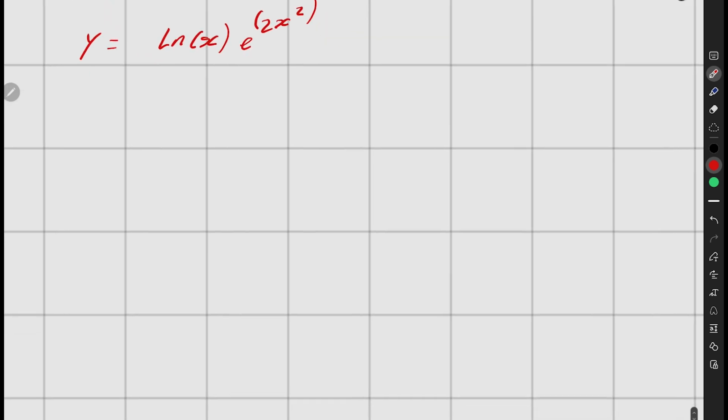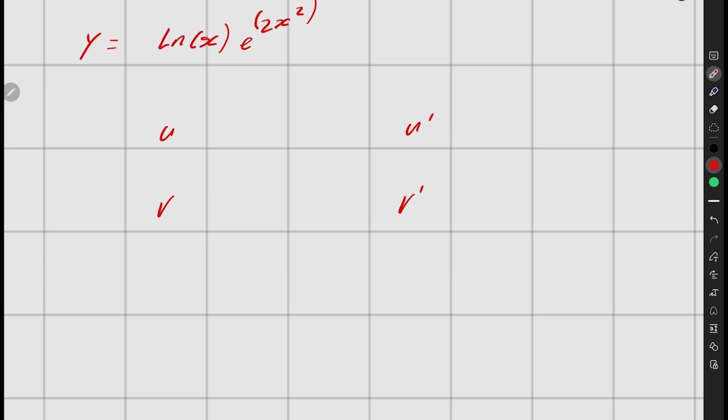Okay, step 1, make the table. Every time you get a product rule question, write u and v. And then over here we're going to write u dash and v dash, or u prime and v prime. Sorry, that's the derivative.